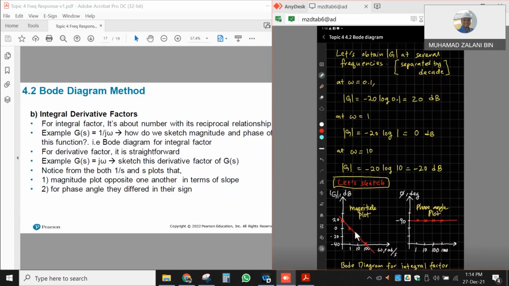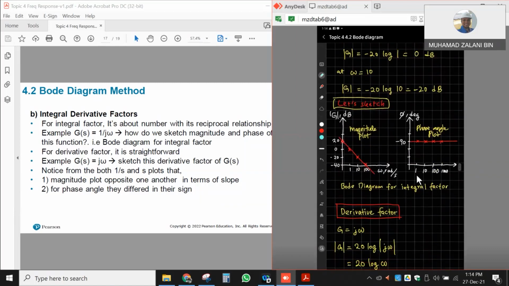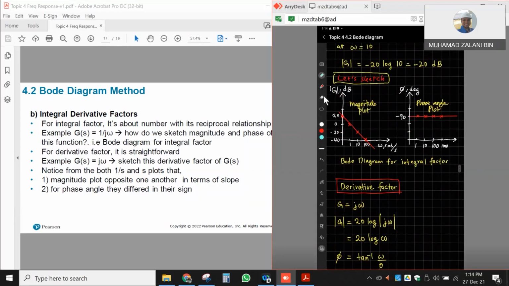When we do the plot, we can expect the Bode plot for the magnitude to look like this.